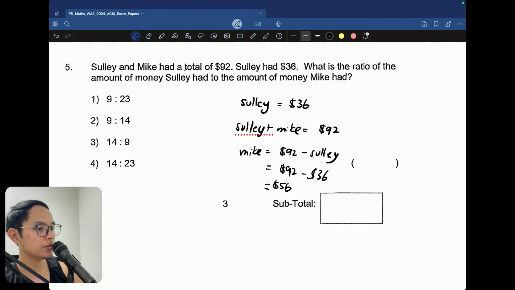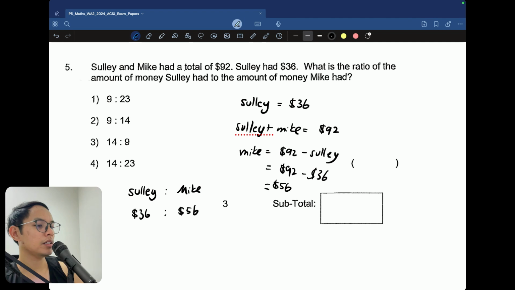What is the ratio? So Sully first and then Mike. Okay, so we have Sully and then we have Mike. So Sully is $36, so we put here 36. And then Mike has $56, so I'm gonna put here dollars 56.